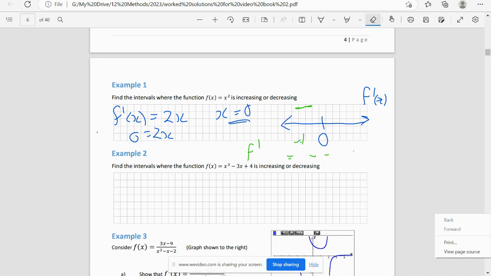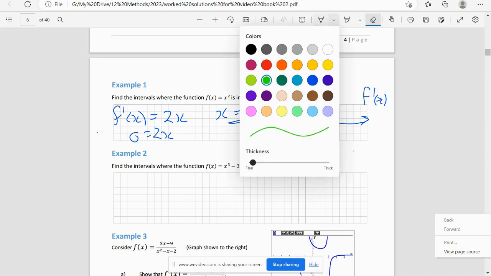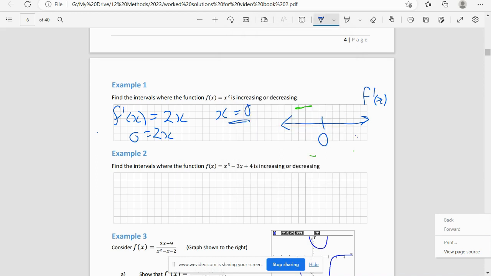Now, if we do the same to the other side and sub in a value on that side, let's say we pick x equals 1. Doesn't matter what the value is. So f'(1), subbing into the slope function 2x, I'll get 2 times 1, which is 2, which is positive. So that tells us where the graph slopes are increasing and decreasing.